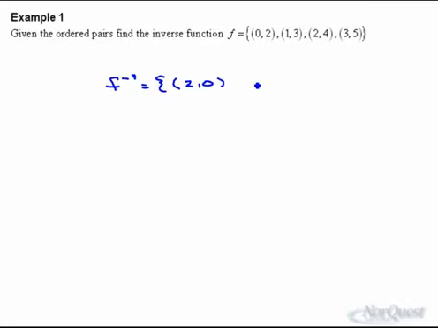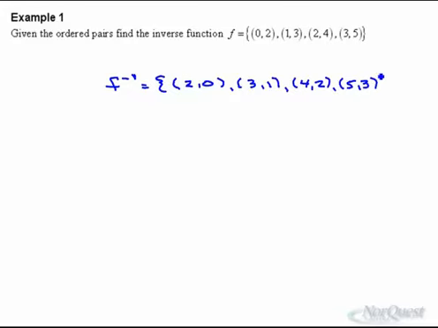Domain and range switch. If the original point was (1, 3), the inverse would be (3, 1). If the original point was (2, 4), the inverse would be (4, 2). And if the original point was (3, 5), the inverse would be the point (5, 3).